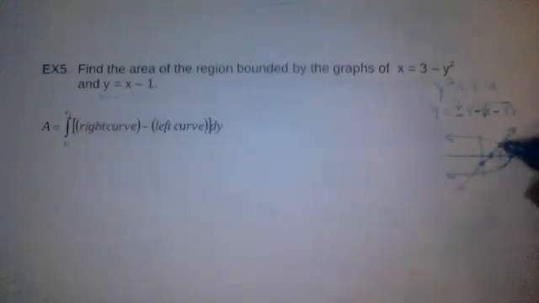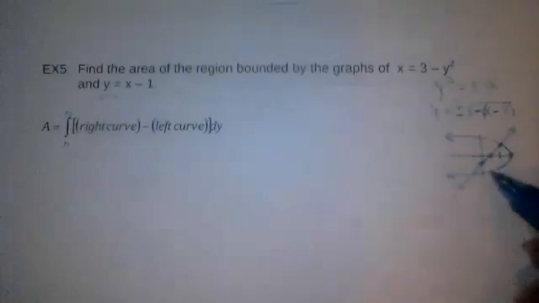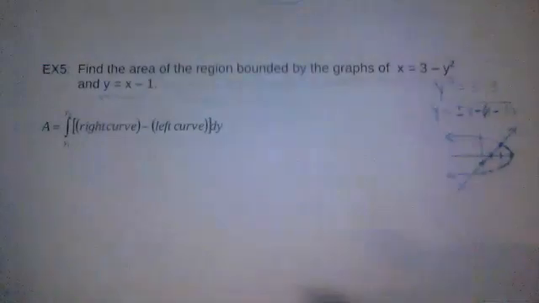Now we could still do top and bottom curve and just switch it out once we get here. We could say top curve minus bottom curve, top curve minus bottom curve, and use the positive square root minus the negative square root for this section. But there is an easier way, and that's what this is about right here.